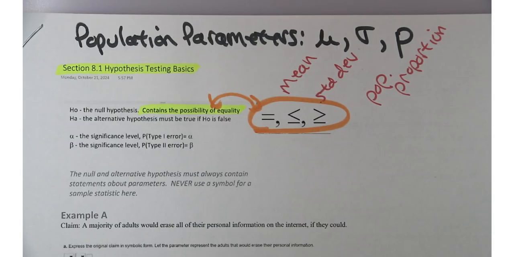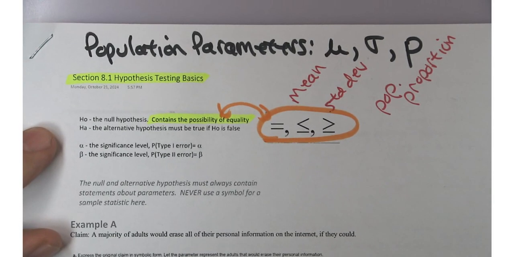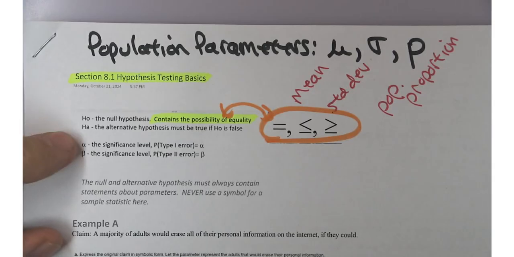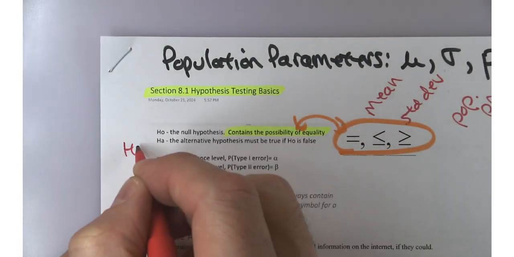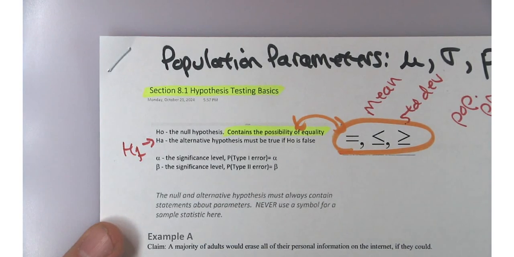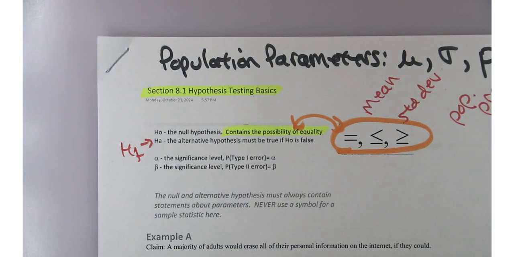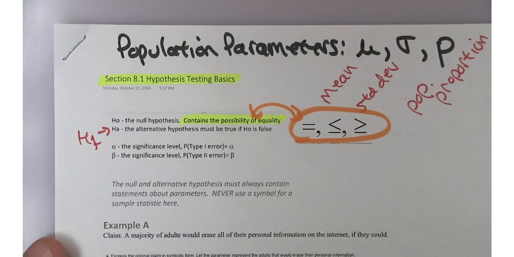Now our null hypothesis is going to be denoted with H naught, H sub 0. And H sub A is the alternative hypothesis. Just a quick FYI, I think the book uses H1 for the alternative hypothesis. I like HA. It just seems to go with what we're thinking a little bit more.